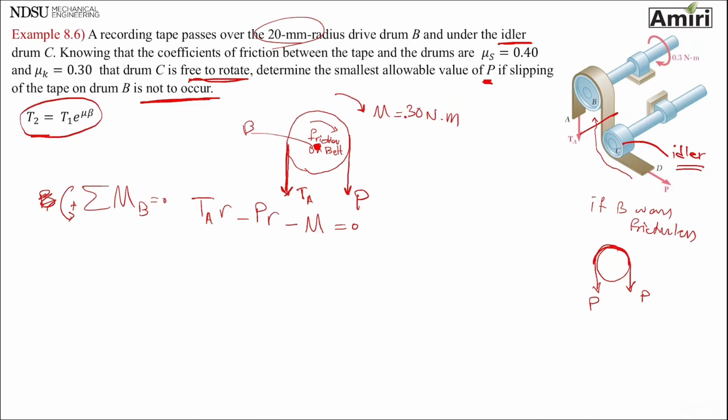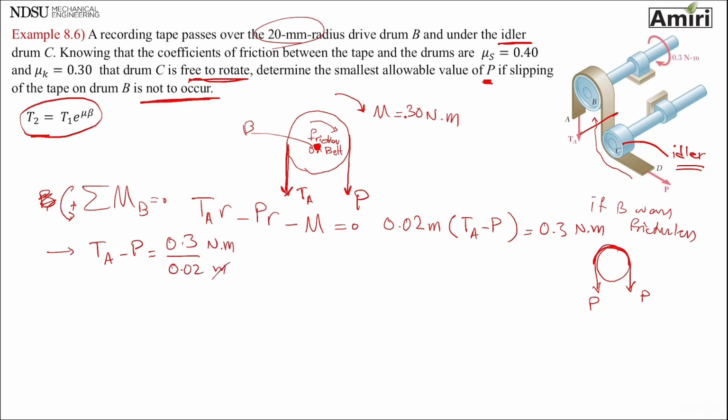Let's rearrange this: the radius, which is 0.02 meters, times TA minus P should equal the moment, 0.3 Newton meters. Therefore, TA minus P is 0.3 over 0.02, and I get 15 newtons.